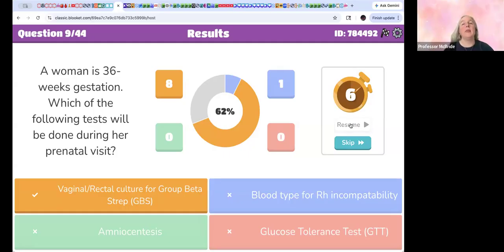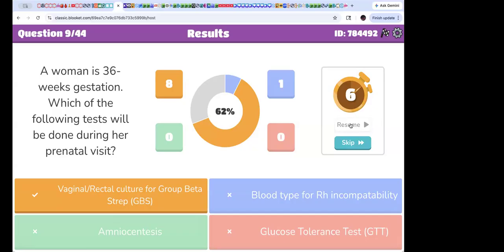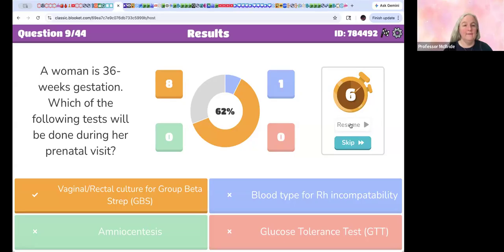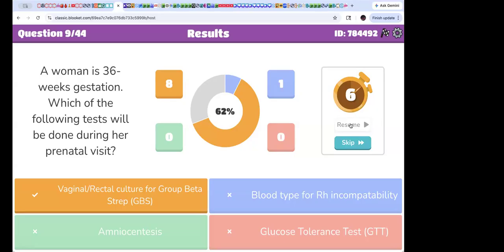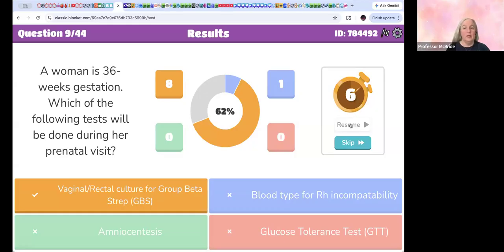So which Rh would be the concern, if mom's Rh is positive or negative? Rh negative. And then it's if the baby is Rh what? Positive. Right. So we don't know what the baby is until the baby's born.